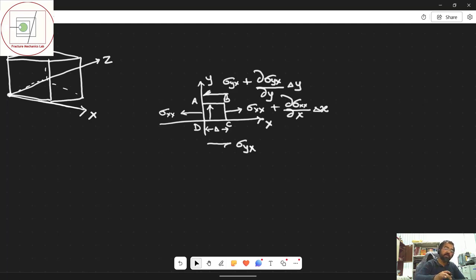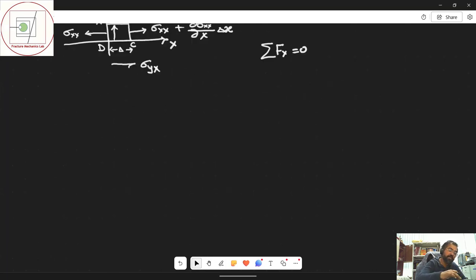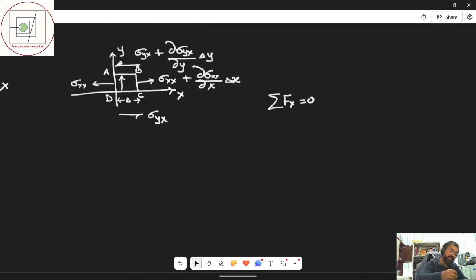So in two dimensions, if I do the summation of forces in x equal to 0, I need to find the forces in the x direction. The net force will be sigma xx plus del sigma xx by del x multiplied by delta x.